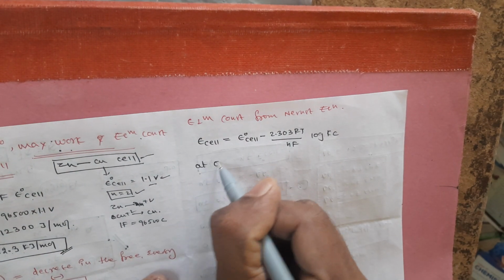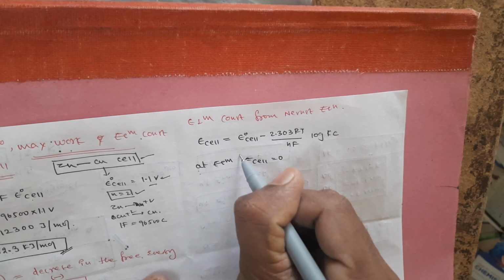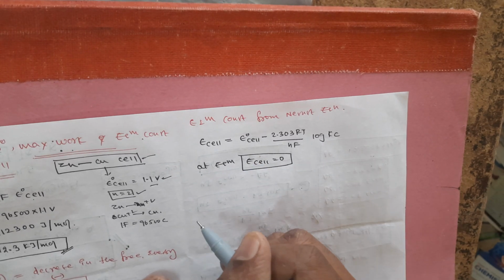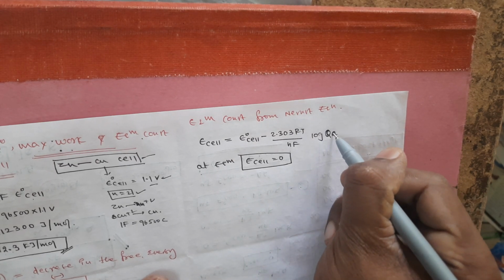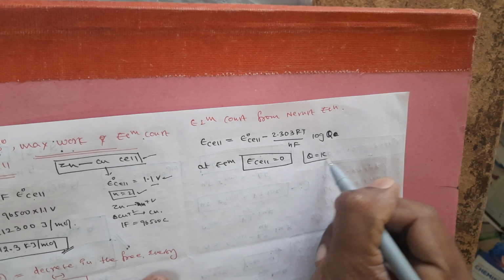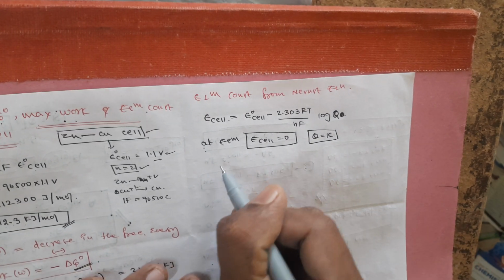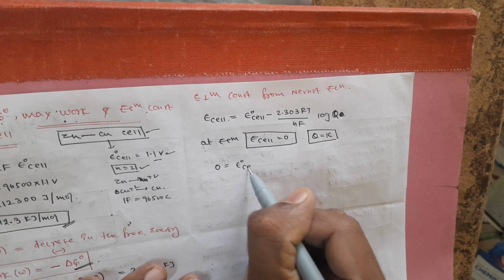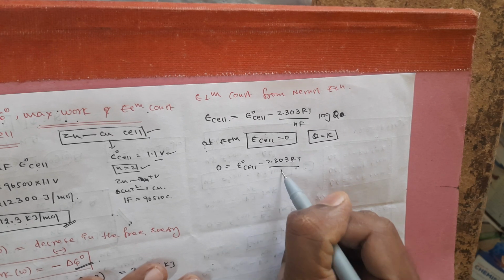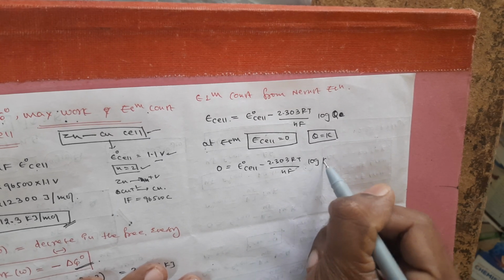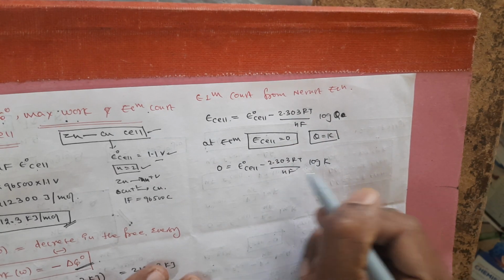Now at equilibrium, as we discussed already, E cell is equal to 0, and Q is equal to K. Better to write Q, no problem. Substitute here: 0 is equal to E naught cell minus 2.303 RT by NF log K. We need the relation between equilibrium constant K and the Nernst equation.